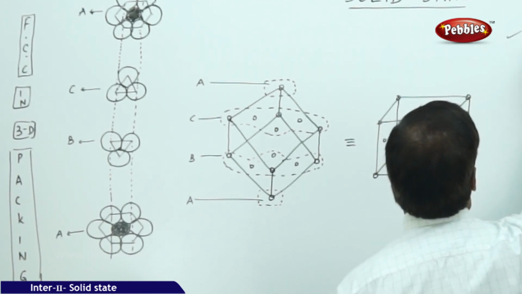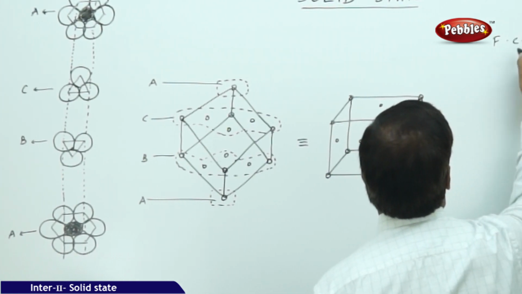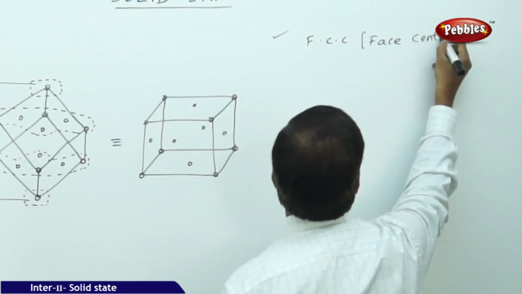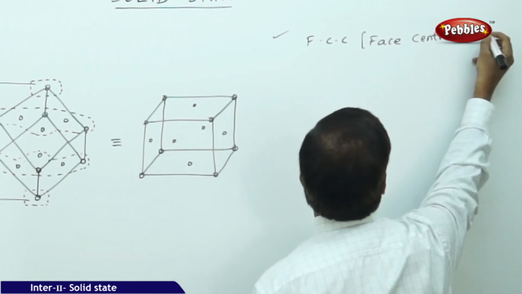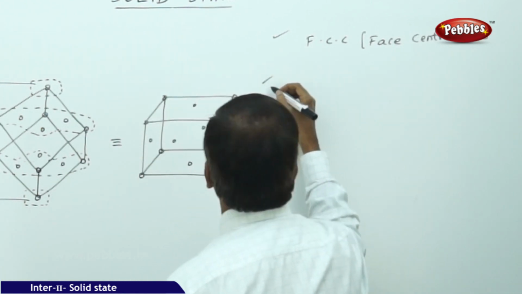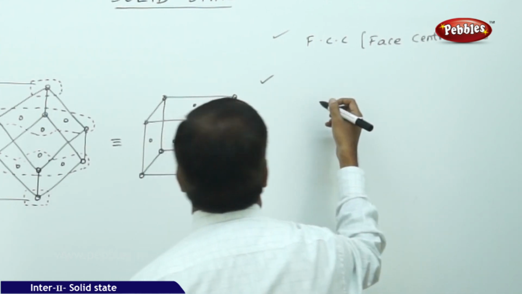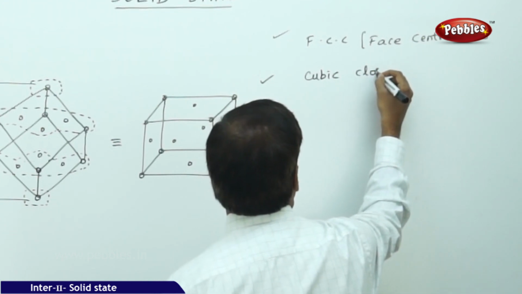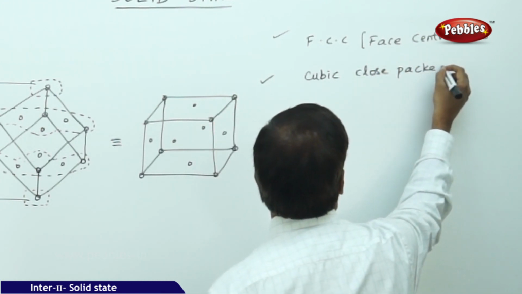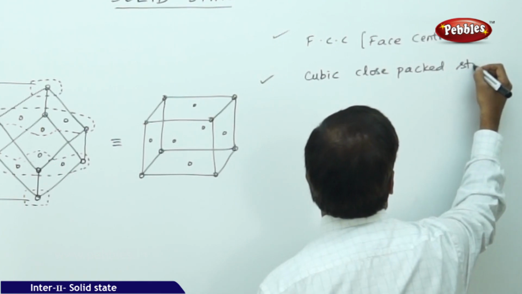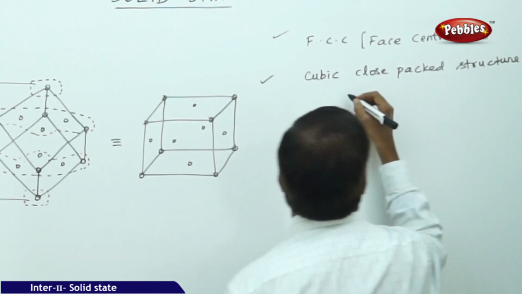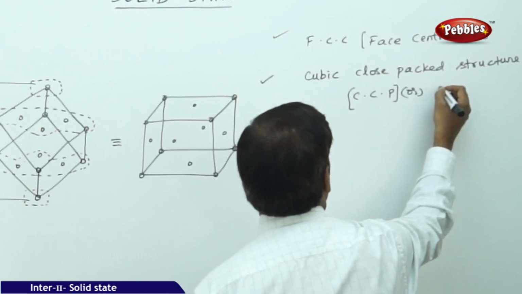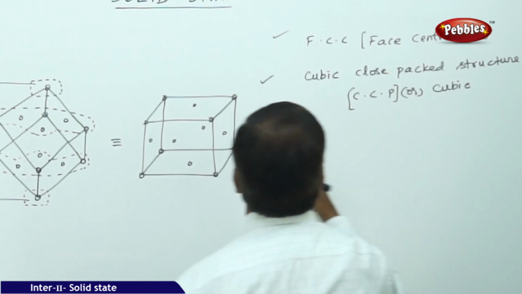From the diagram we are able to understand that FCC is nothing but face center cube, which is also called cubic closed packed structure, which is nothing but CCP, or sometimes we also call this simply cubic.